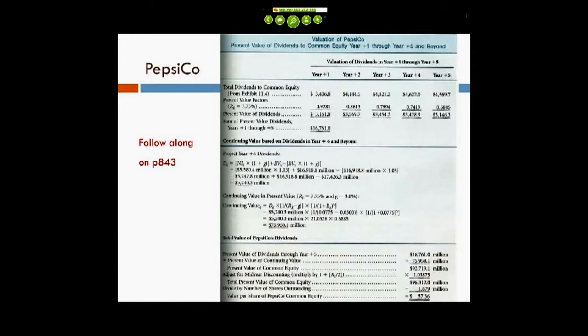Then divide by the number of shares outstanding, and you come up with the value per share. This is how valuation works. So using the dividend model for Pepsi, it says the stock should be trading at $57.36 a share.